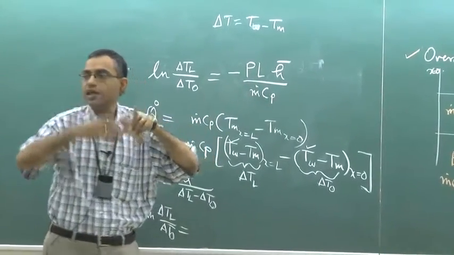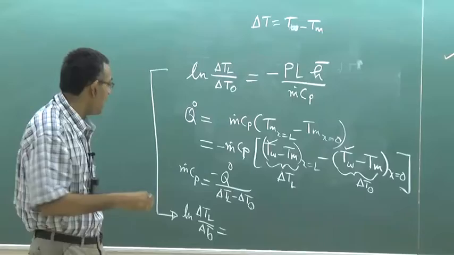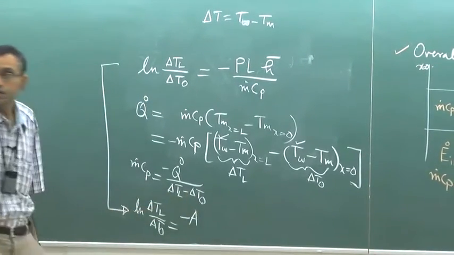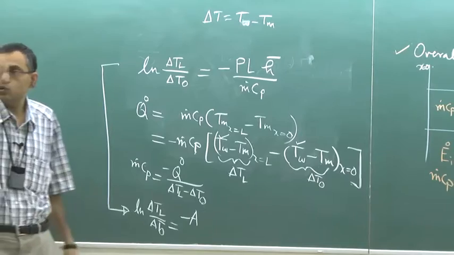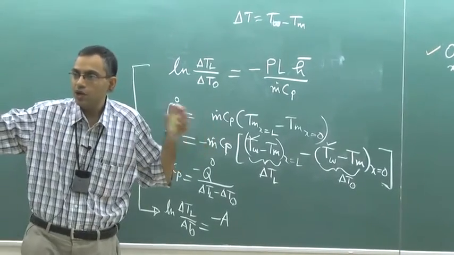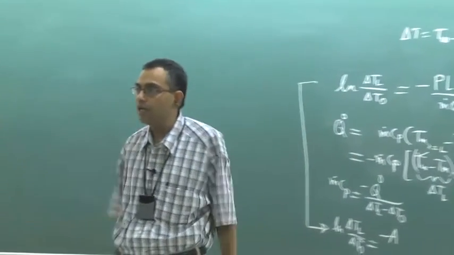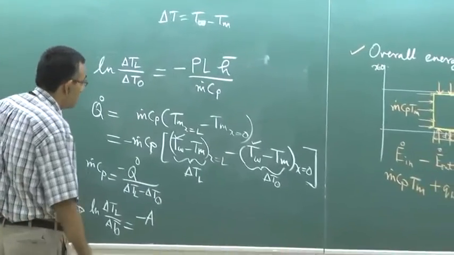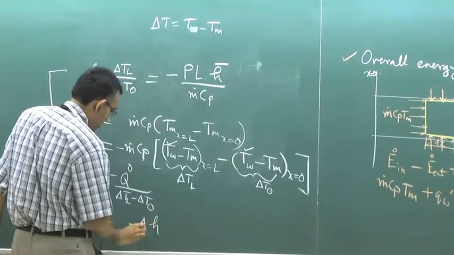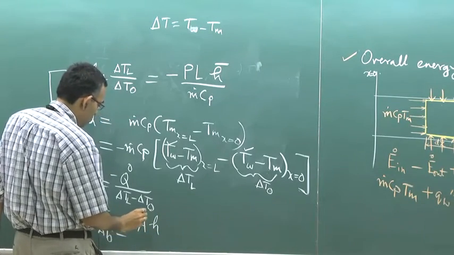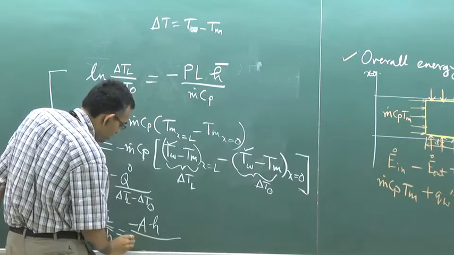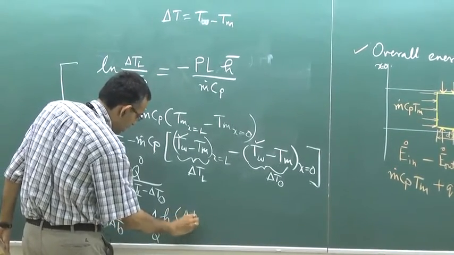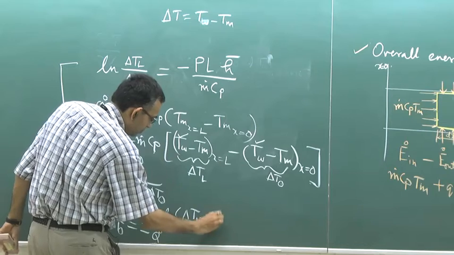The total surface area. So this A is not the cross sectional area, this is the surface area, that is 2 pi r into L for a circular pipe of length L. So minus area into H, then in place of m dot Cp you can write q dot by delta TL minus delta T0.